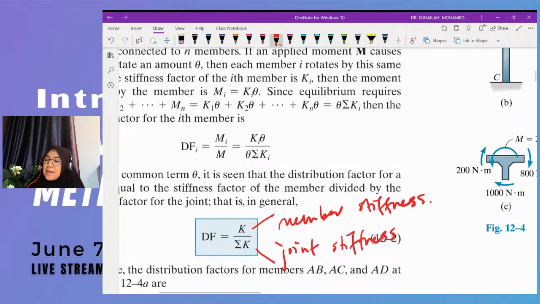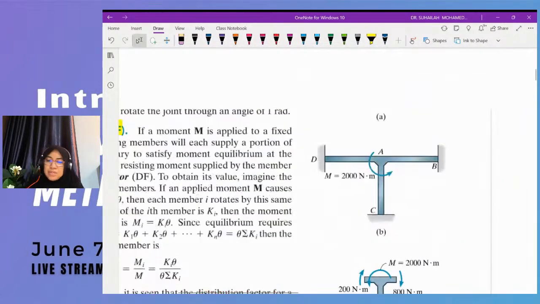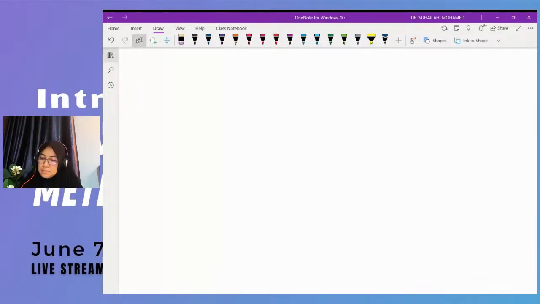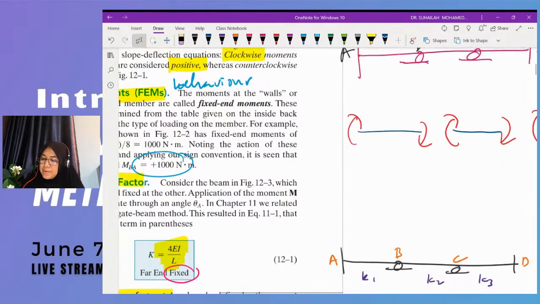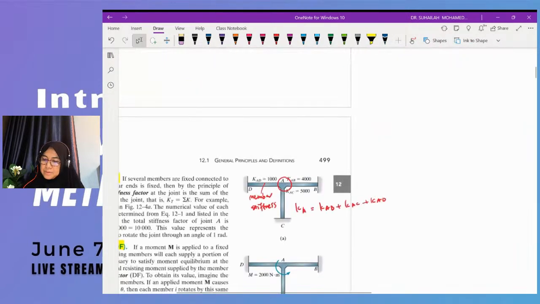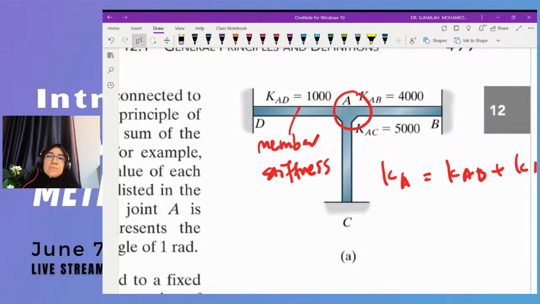Okay, looking at the same diagram, the continuation of the previous diagram. This is the stiffness factor given in the question, but for normal analysis, we have to determine it from the formula. This is just the concept, so that is why the value is given for each element.